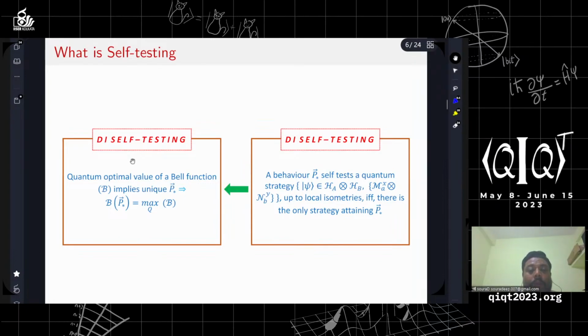Today in this talk, I will explain how the maximum violation of a tailor-made Bell inequality gives us the power to self-test this unique behavior, and then correspondingly the measurement settings and the states involved.